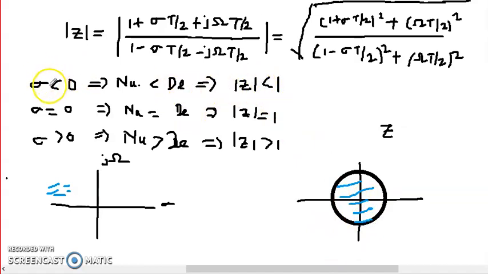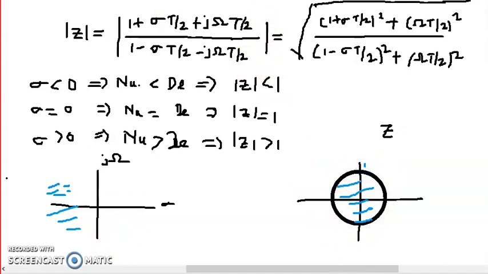When sigma is less than 0, mod of z is less than 1. It means anything on the left hand side of j omega will get transformed to the inside of the unit circle.